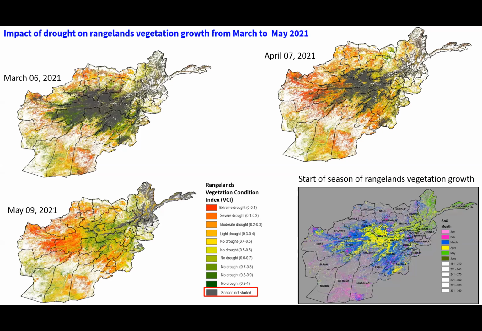If you try to apply the vegetation health index in Afghanistan, all the high elevation areas which are in bad conditions will appear as good conditions, because in lower elevation areas, where precipitation is the driver of vegetation growth, land surface temperature is a stressor.